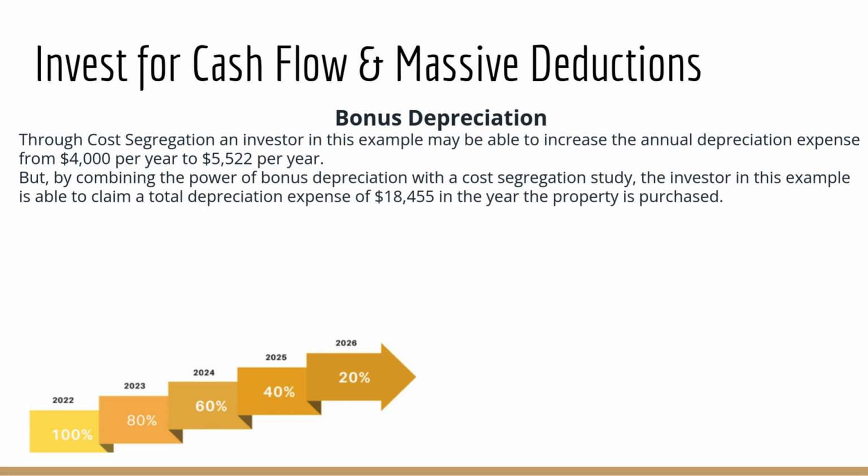So two answers. I wouldn't do it unless I was keeping it for the foreseeable future. Or I have a plan to sell it through some other tax mechanism like a 1031 exchange. If you do a 1031 exchange, then the taxes, the capital gains on your profits, and the bonus depreciation recapture roll into the next property.